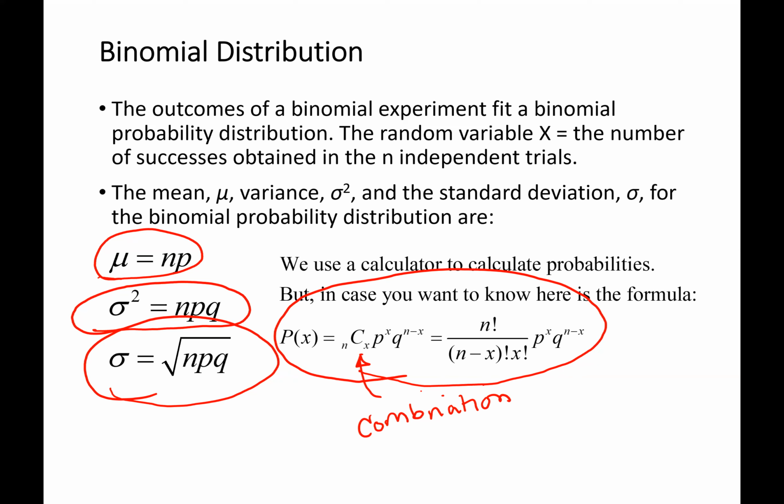So it's the number of ways you can take a sample. However, our calculator will find binomial probabilities for us. So we don't necessarily need to utilize the formula, especially since we have a calculator that so readily does this for us.